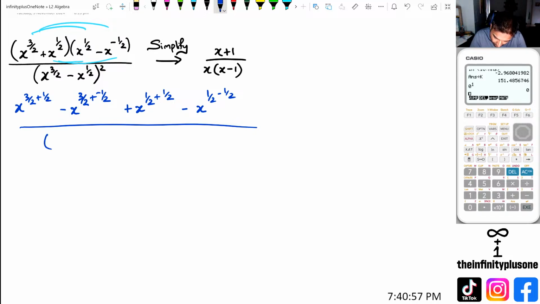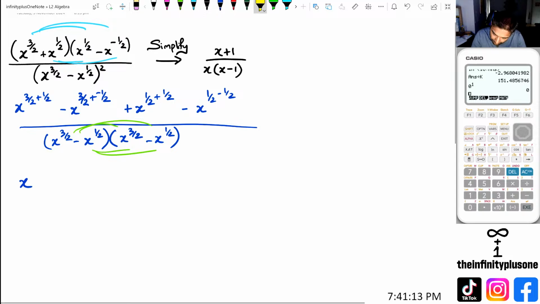And then for the denominator, you got to do the same thing. I've got to go x to the power of 3 over 2 minus x to the power of half times x to the power of 3 over 2 minus x to the power of half. So once again, I got to expand it like a quadratic. But I'm going to go back to the numerator here. In this part, this is 3 over 2 plus a half, which is 4 over 2. So that's just going to be x squared.